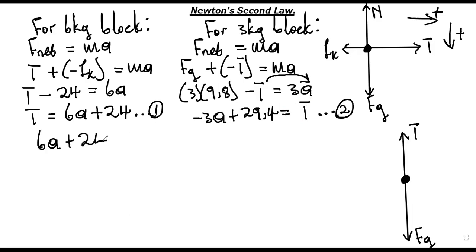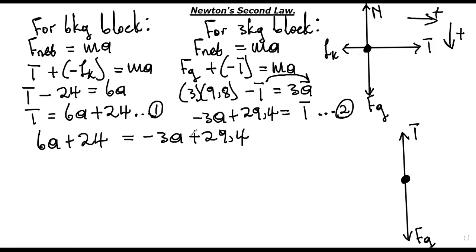So we say 6A plus 24 equals -3A plus 29.4. Then we take this 3A to the left. We take this 24 to the right.